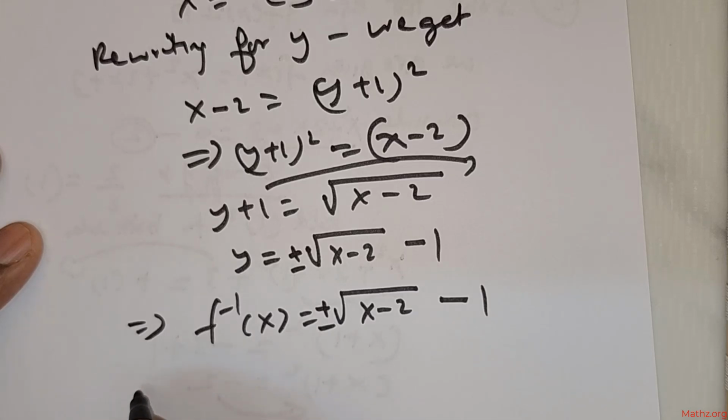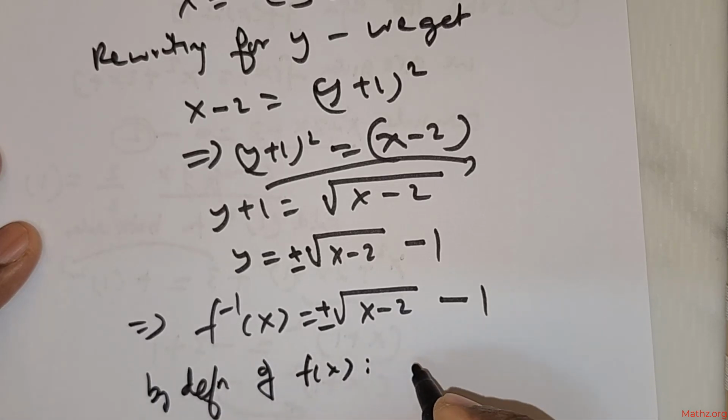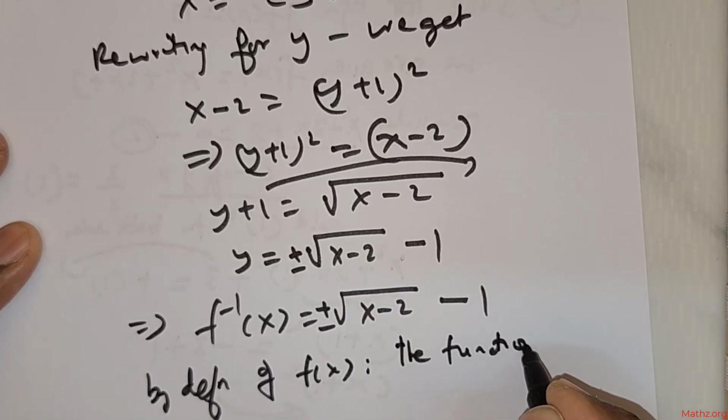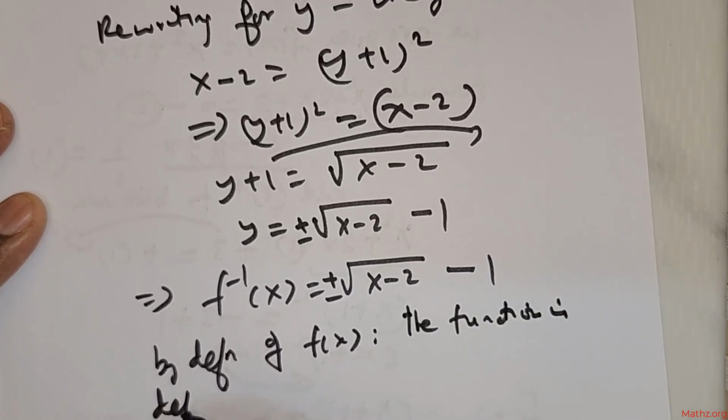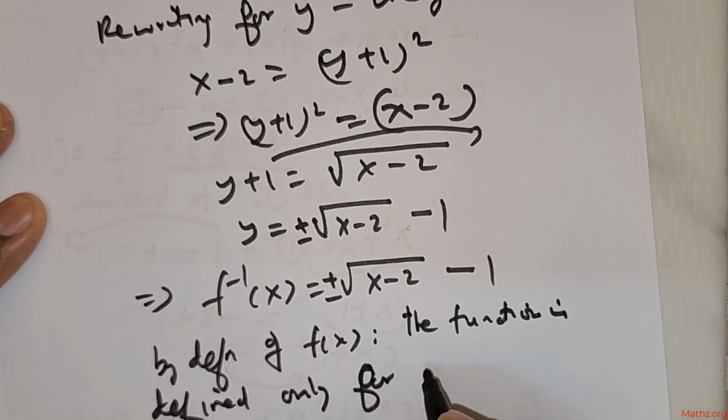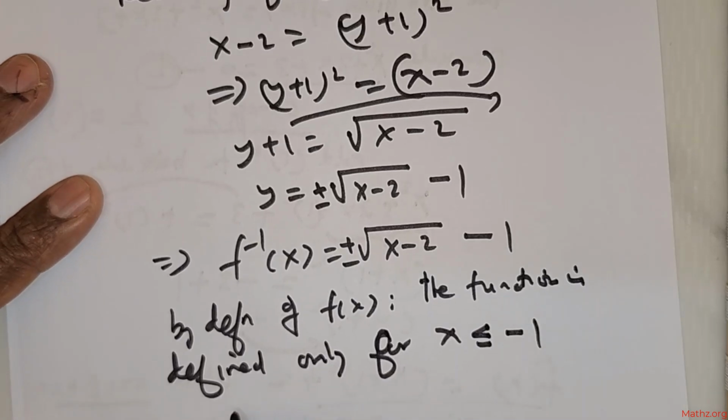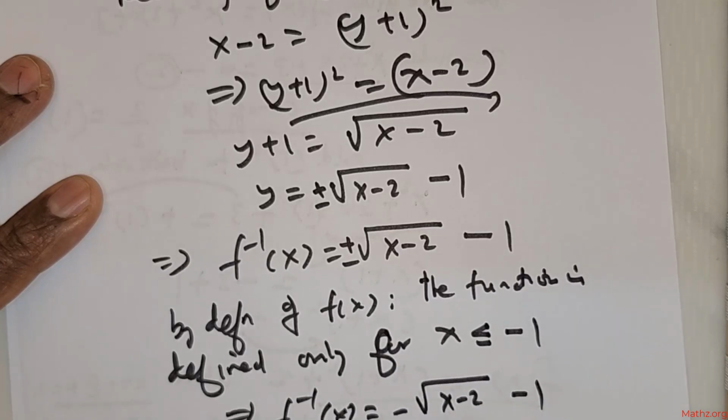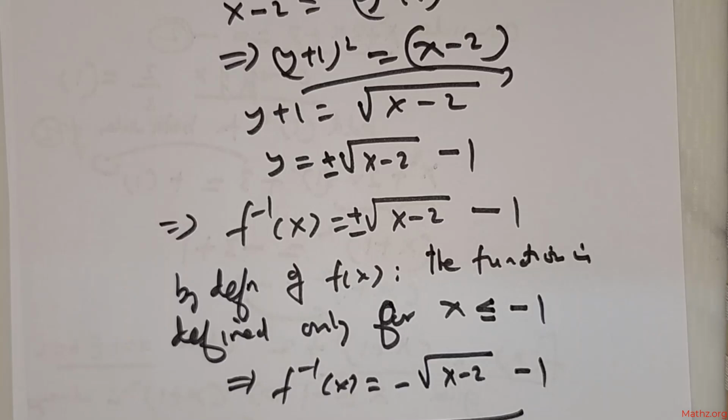That is given from the definition of the function. By definition of f of x, the function is defined only for x less than or equal to -1. Right, so that would mean f inverse of x in this case would be negative root of x - 2, minus 1. So that is the solution that you will have to write.